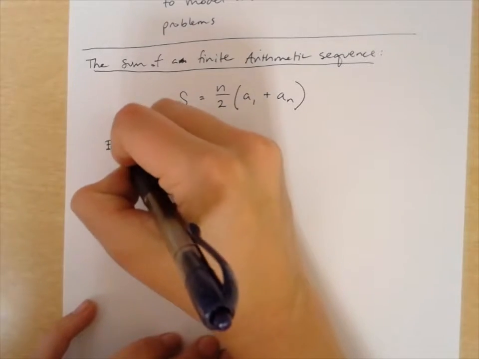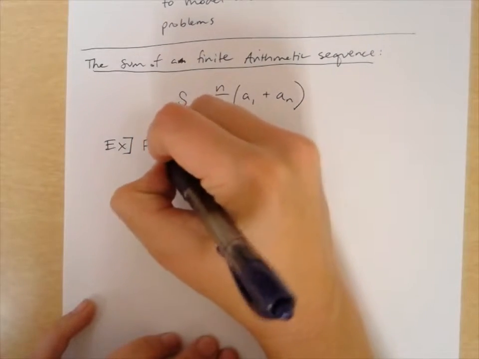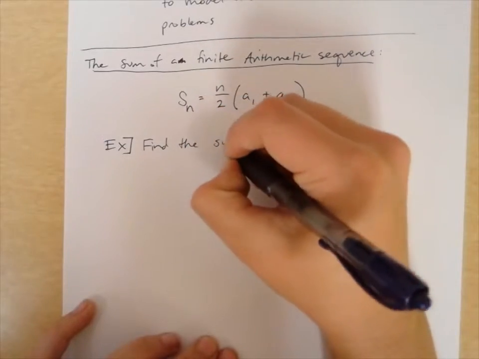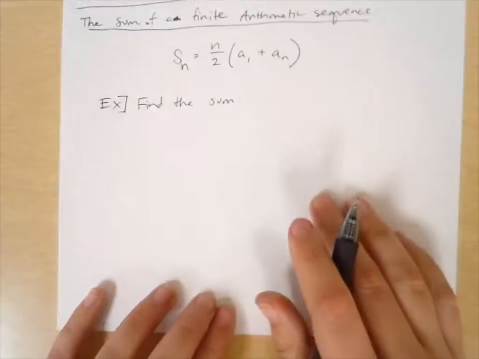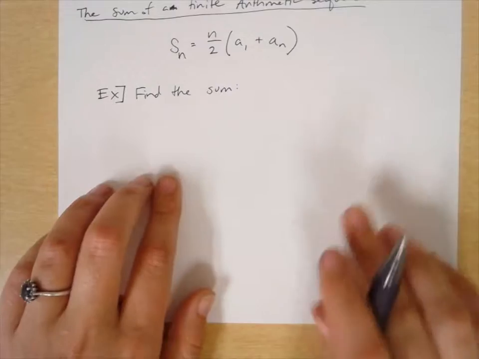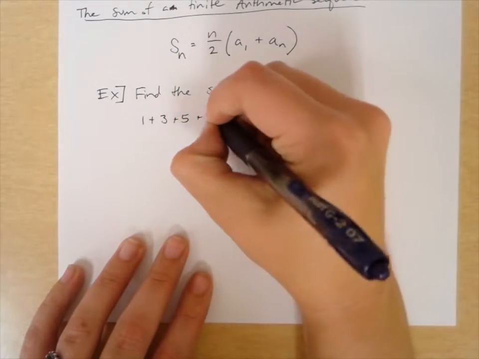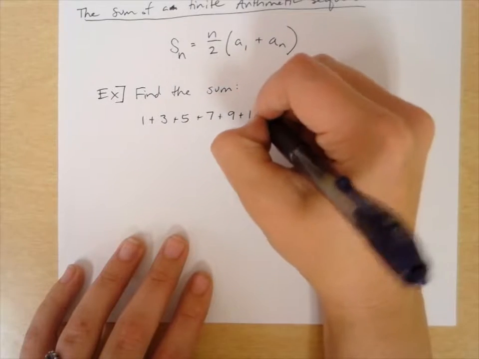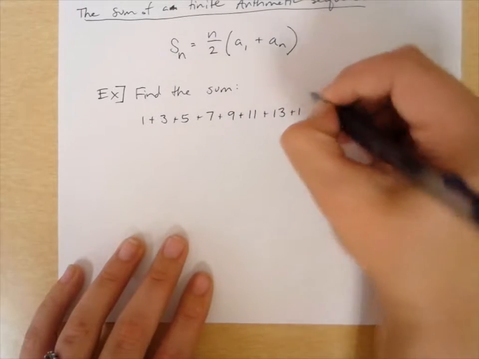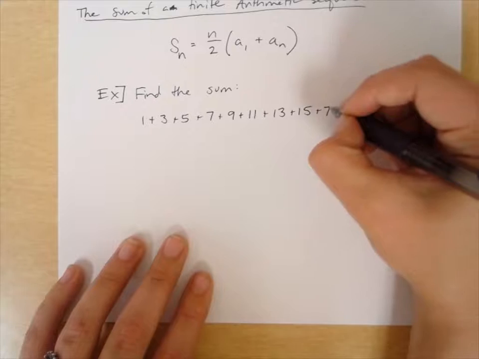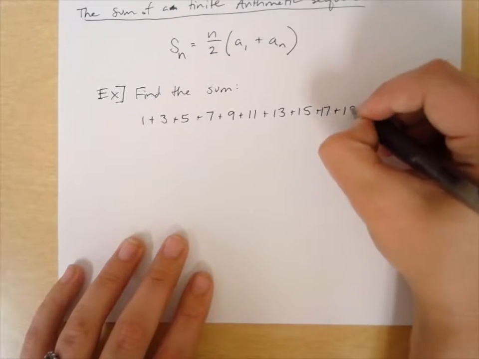So let's say we were given the question, find the sum. And say we're given a whole sequence written out. So say we're given 1 plus 3 plus 5 plus 7 plus 9 plus 11 plus 13 plus 15 plus 17 plus 19.